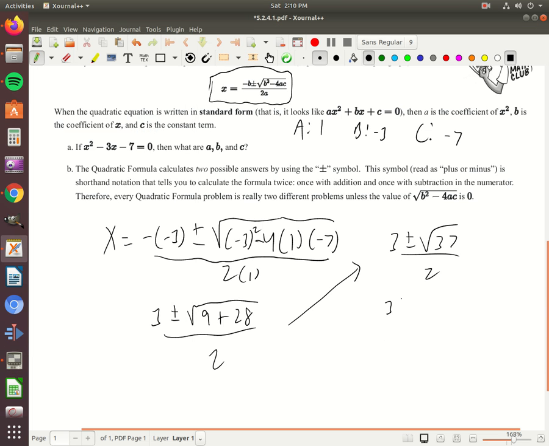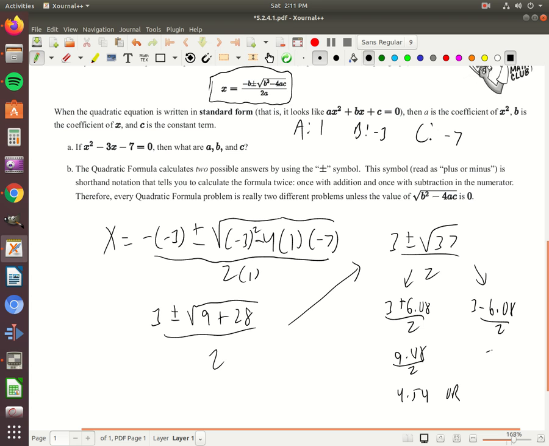So 3 plus, this is where I like to break them off into positive and negative now, by the way, 3 plus 6.08 divided by 2, and 3 minus 6.08 divided by 2. So this will give me 9.08 divided by 2, which is, I believe, 4.54.